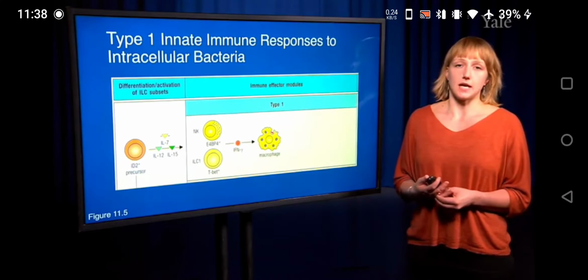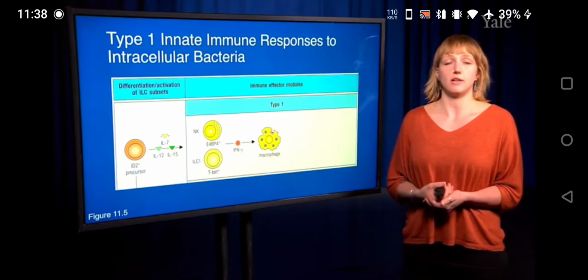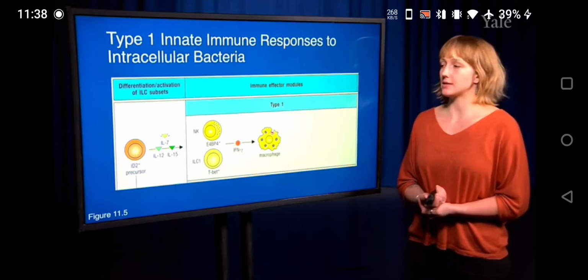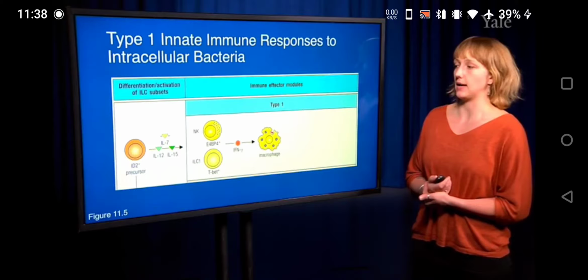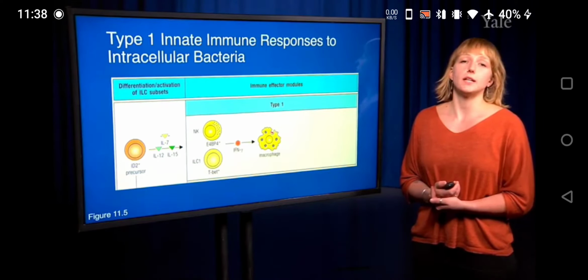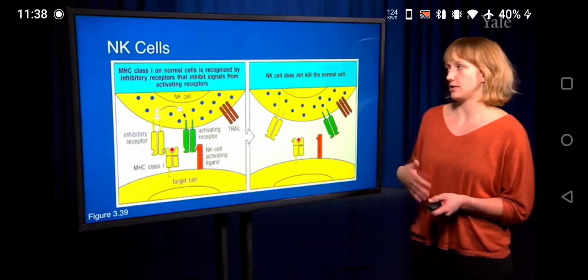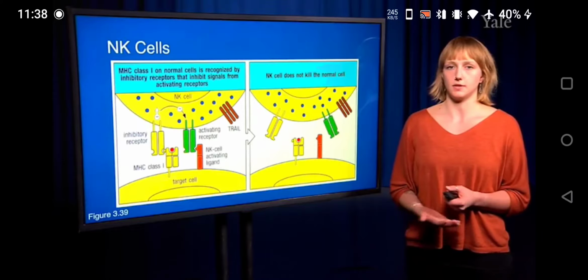NK cells and ILC1s are both cytotoxic cells, which means they kill potentially infected cells. Now, I'm not going to be speaking today about ILC1s, but I want to go through the mechanism of NK cell infected cell recognition. So when a host cell is infected by an intracellular pathogen, such as bacteria or viruses, they change the markings of their cell surface.